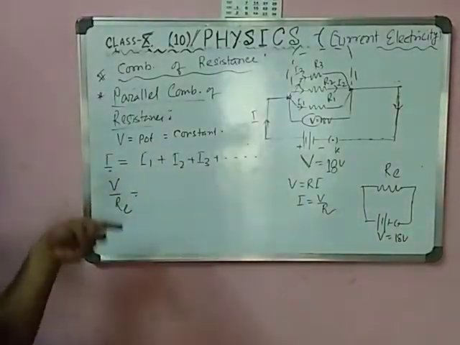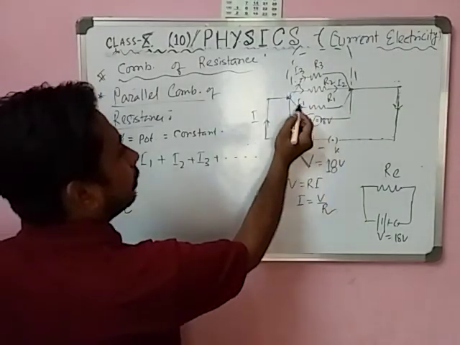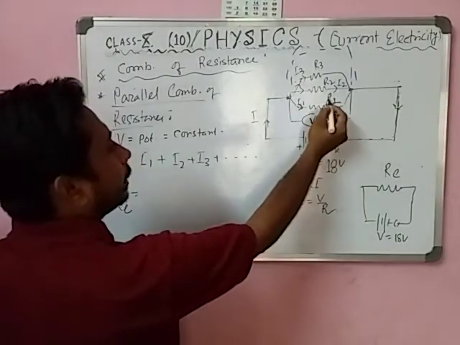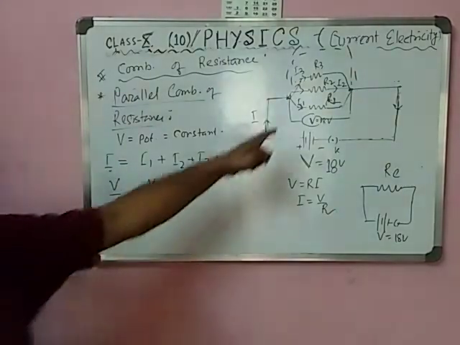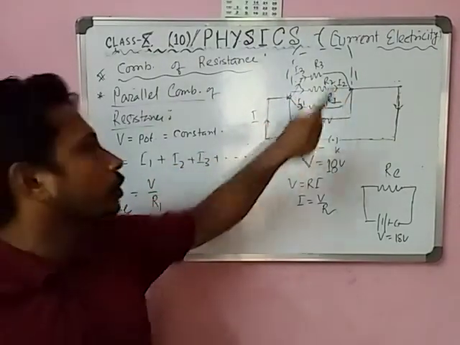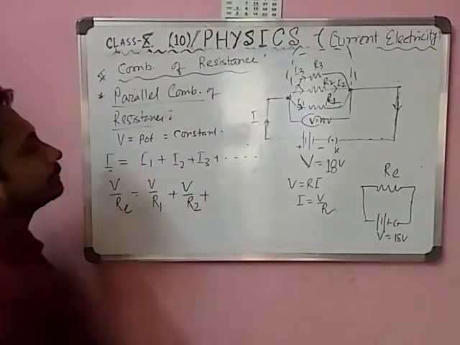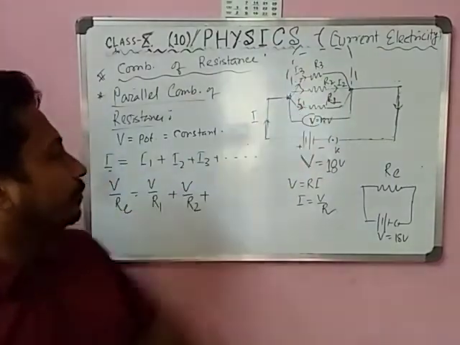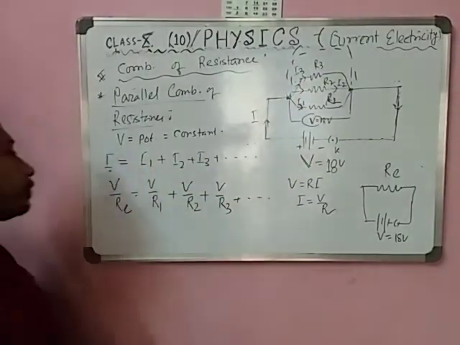Okay, so V by Re equal to I1 how much? I1 flowing through R1, so V by R1, right? I2 flowing through R2, so plus V by R2, plus I3 flowing through R3, we will write V by R3 and so on.